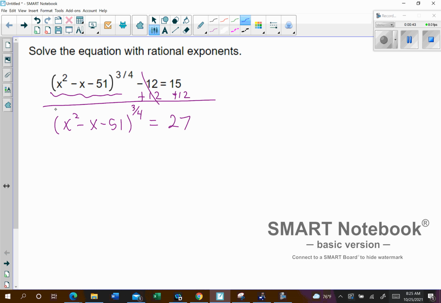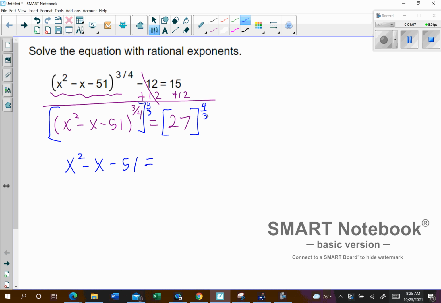Then we raise both sides to the reciprocal of the fraction. So we're going to raise both sides to 4/3. Those will cancel out because they multiply together and become 12 over 12. So we're just left with x squared minus x minus 51.